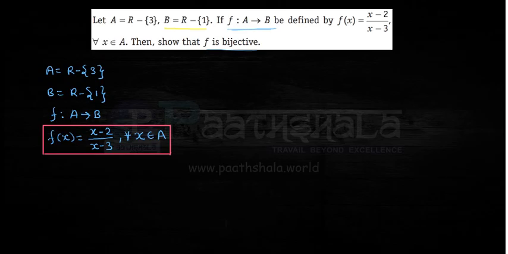The function is bijective means the function is one-one and onto, that is, the function is injective as well as surjective. So we need to check whether the function is injective or not and whether it is surjective or not. If the function is injective and surjective, then we can say that the function is bijective.